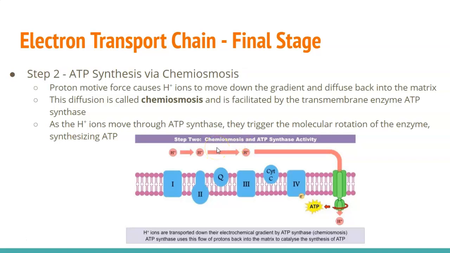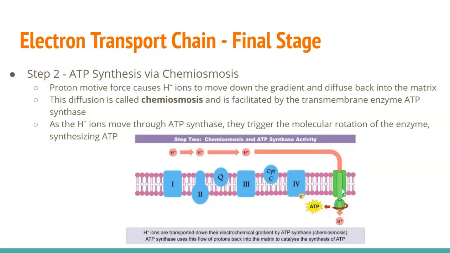That's a key word, chemiosmosis, because chemi means chemicals, right? There are enzymes involved. And then osmosis is the diffusion of this through this enzyme here. The way chemiosmosis happens is it pushes these hydrogen ions through this enzyme called ATP synthase.